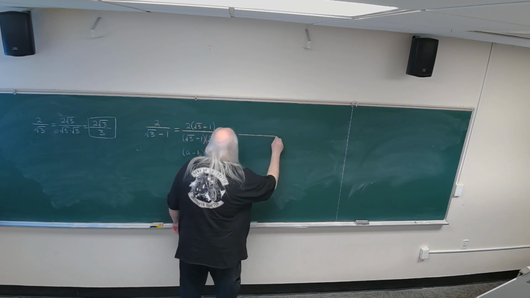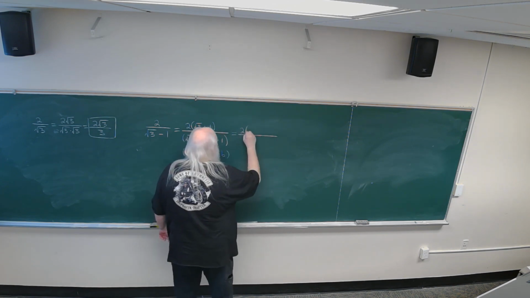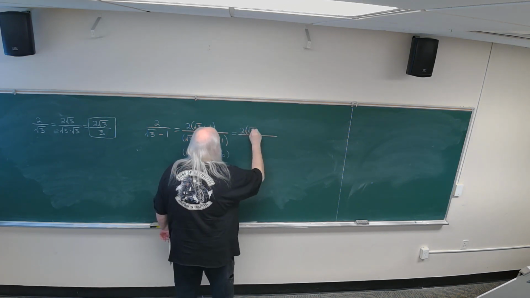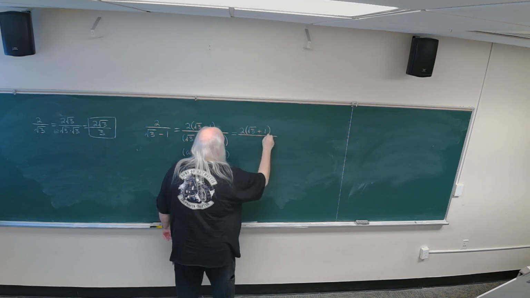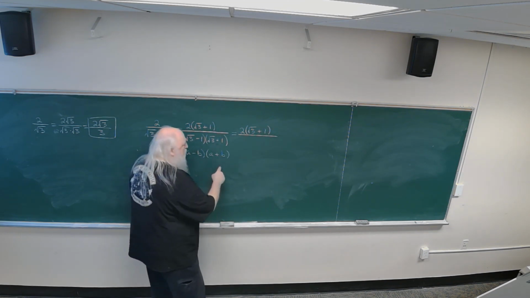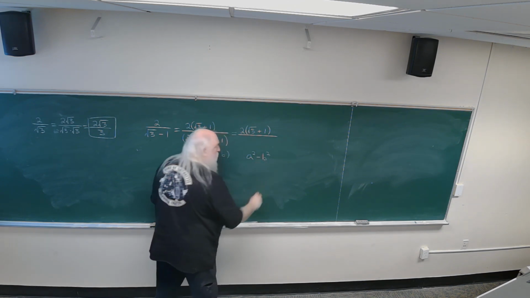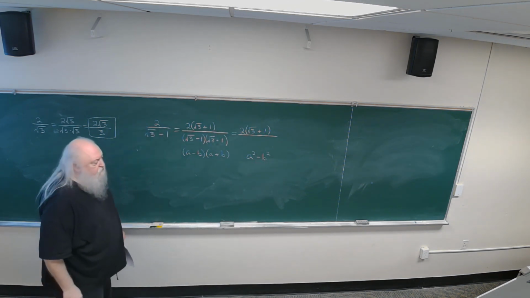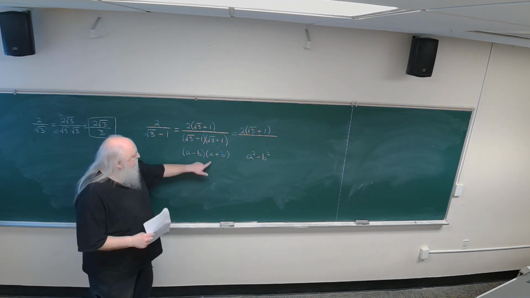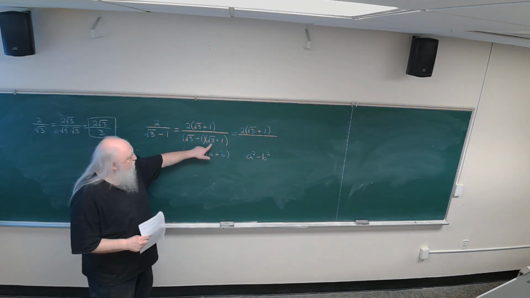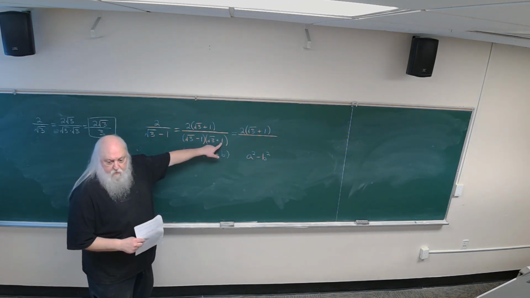So in simplifying this, the numerator remains 2 times the square root of 3 plus 1, but this denominator boils down to a squared minus b squared, a difference of squares. Well, a in this case is square root of 3, and b is equal to 1.